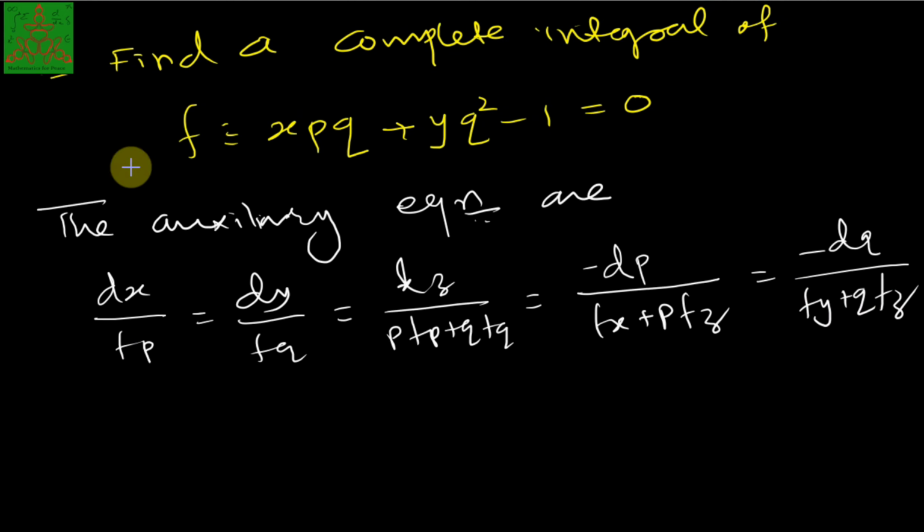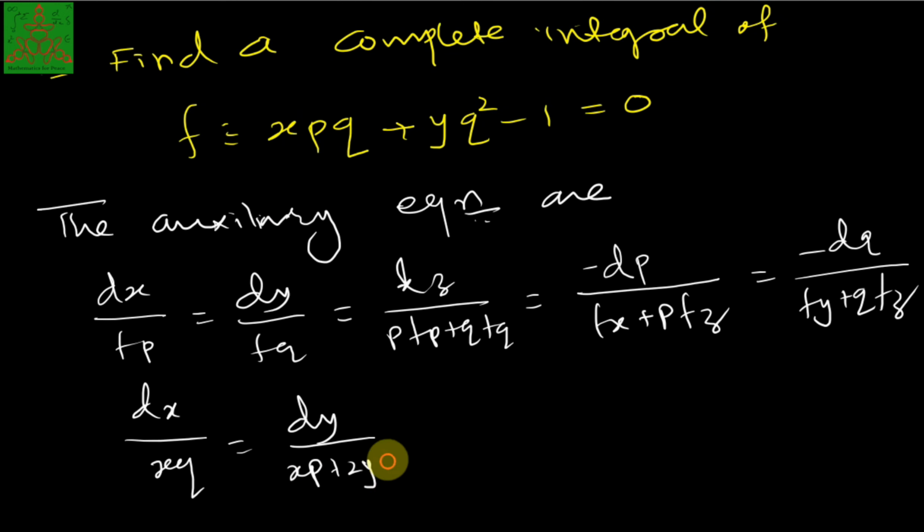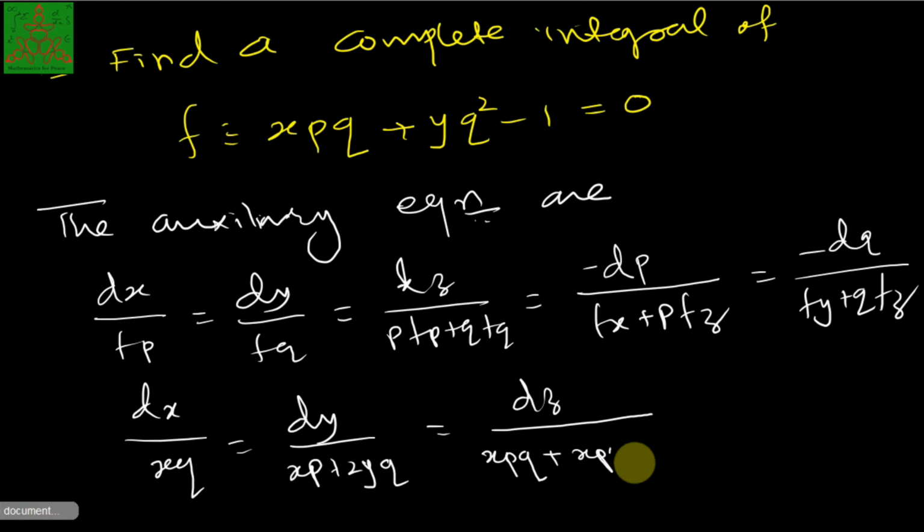So we have to find the derivative of this function f with respect to p. That will give me dx upon xq is equal to dy upon the derivative of this with respect to q, which gives me xp plus 2yq, is equal to dz upon p fp plus q fq. Multiplying this one with respect to p gives xpq plus, multiplying this one with respect to q gives xpq plus 2yq square, is equal to minus dp upon fx.